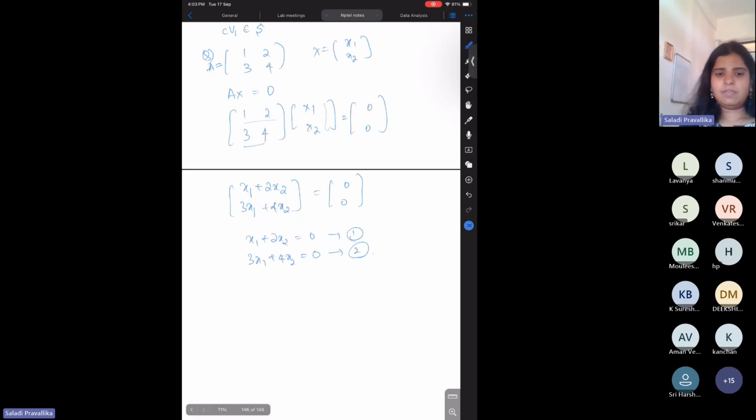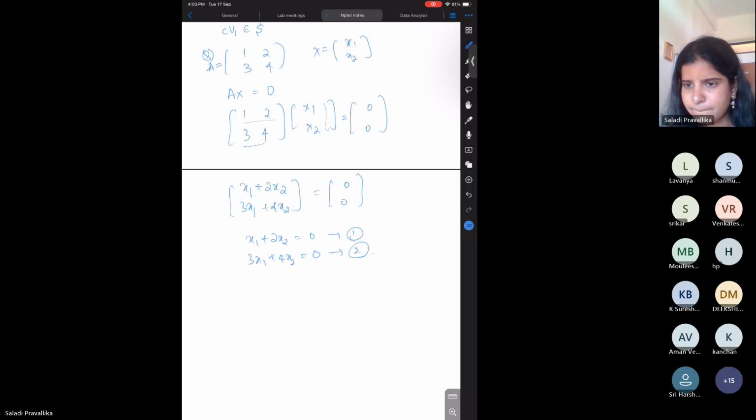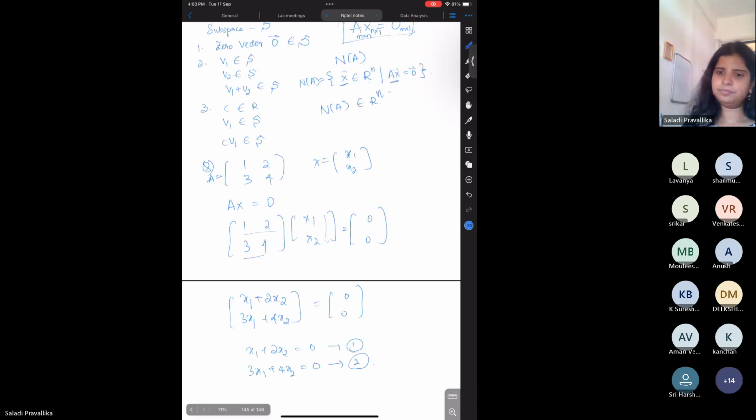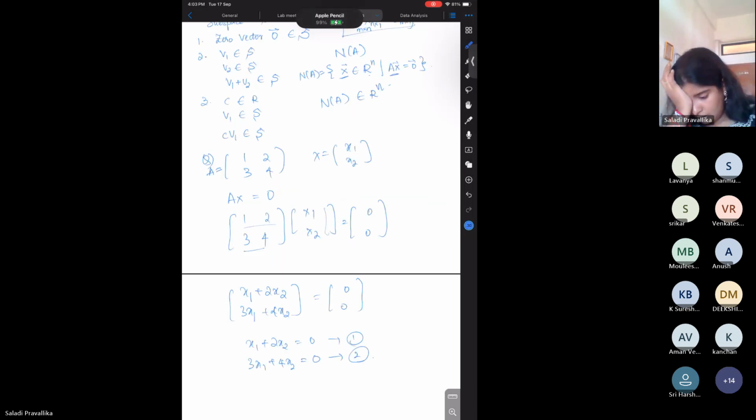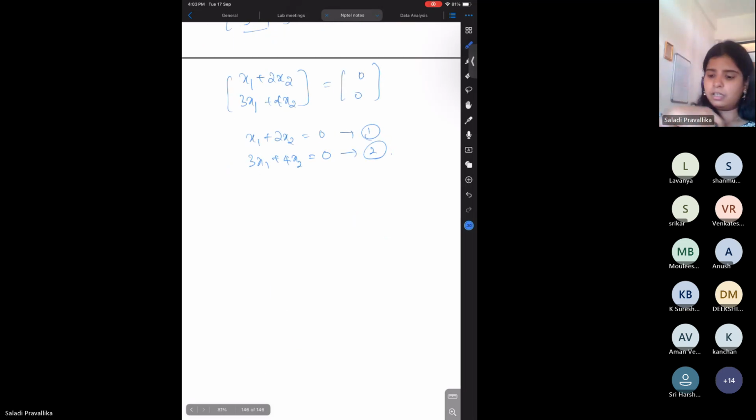Can you guys solve for X1 and X2 and let me know what the values are?